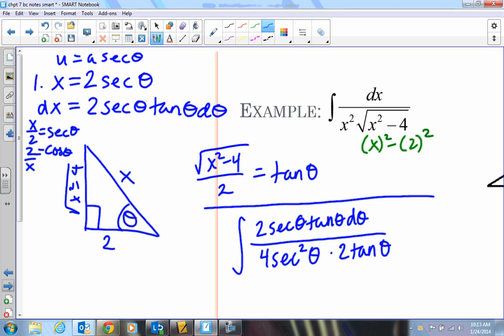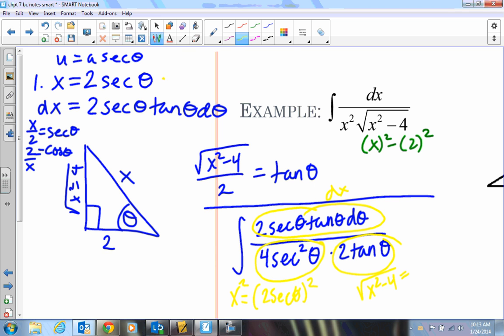Oh, that makes sense. That's from my dx. That is from this x squared. And that is from the radical.